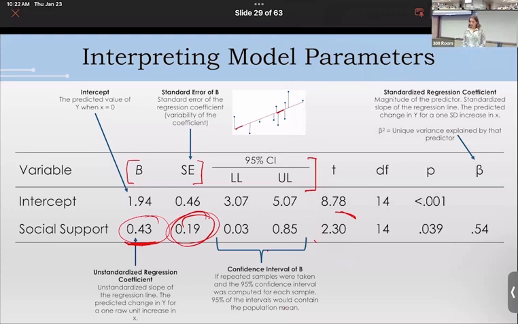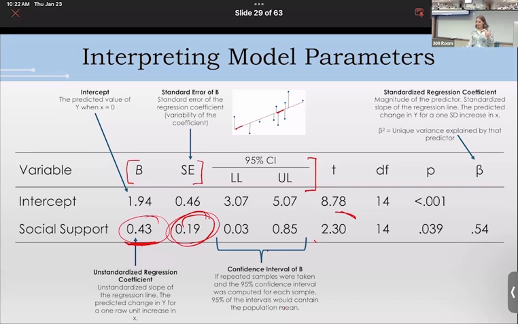Super important. Our standardized regression coefficient can be thought about in two different ways. The first way is it's the standardized slope. So just like our unstandardized slope, this is also the slope of the relationship between social support and self-esteem, but it's in standardized units. What are standardized units? You remember standardizing? Z-scores, which are what? Standard deviations.